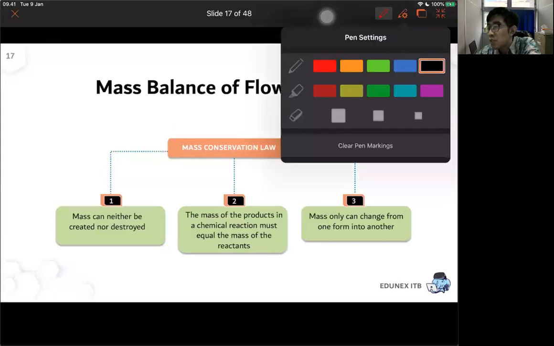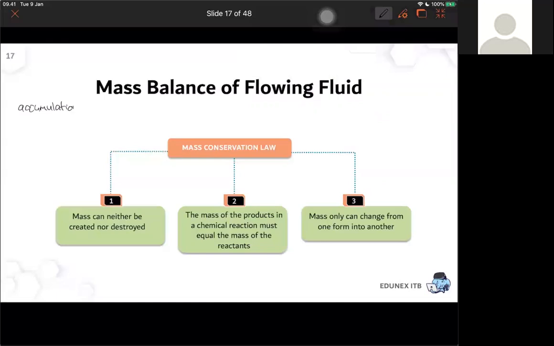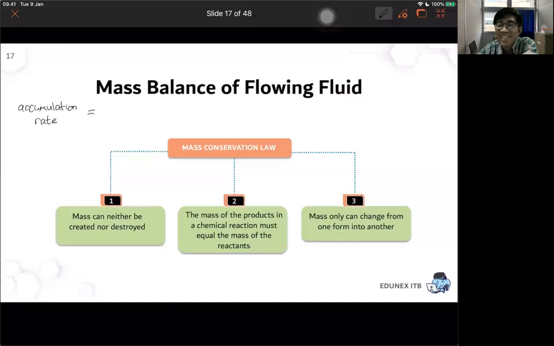Can I ask you what is the general equation of mass balance? Accumulation rate will be equal to something to do with generation and consumption. Have you reached this point in the general equation of mass balance? Yes, sir.